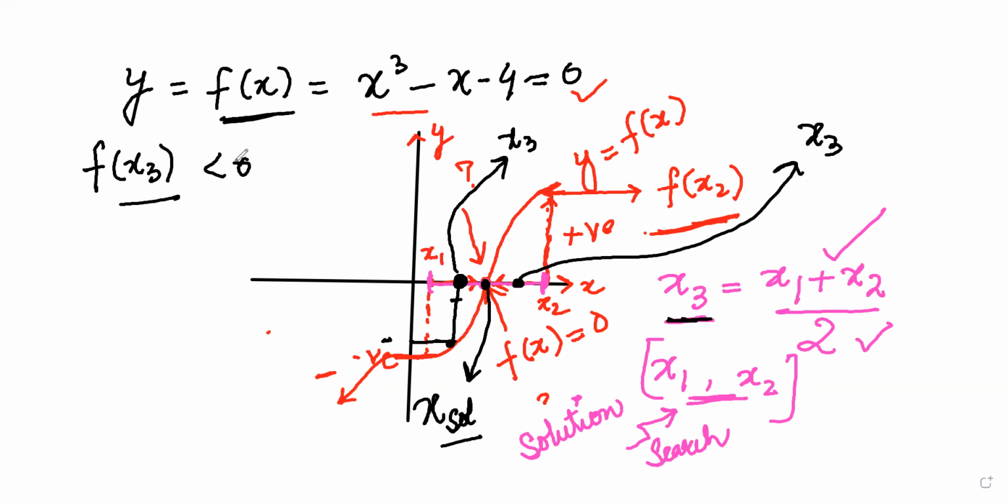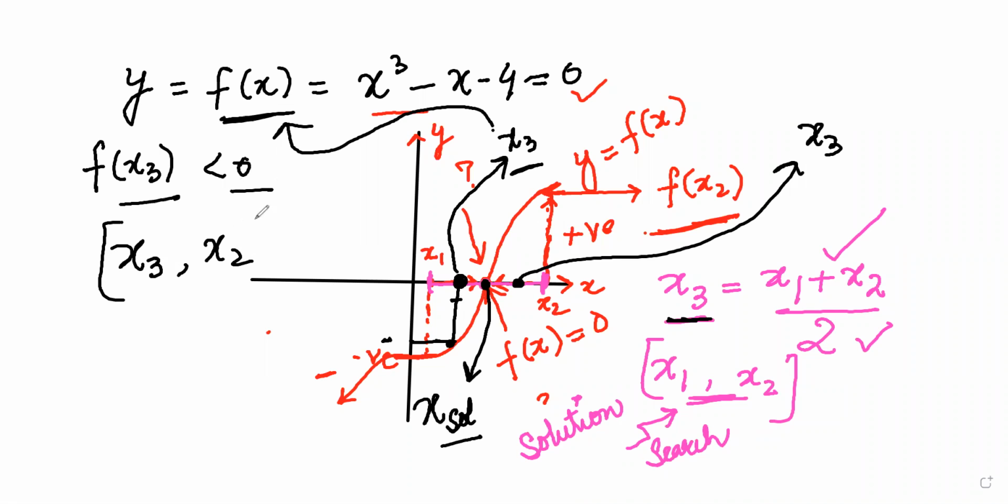Then what you do, this is very, very important. Once you substitute x3 in the given function f of x, if the substitution makes f of x less than 0, then your new search interval will be x3 comma x2.